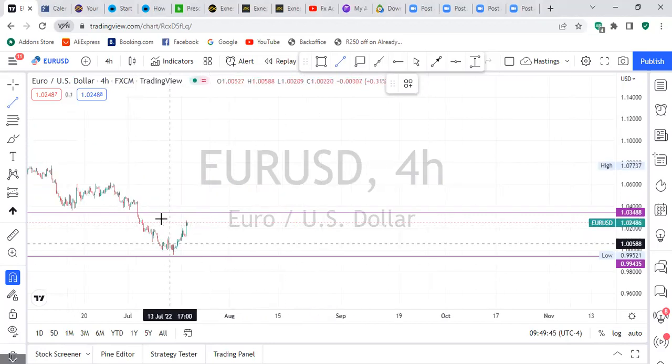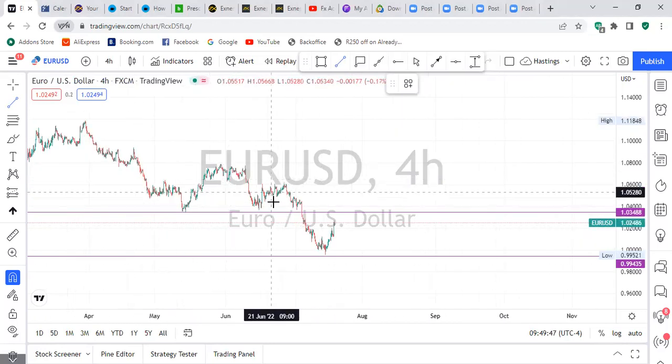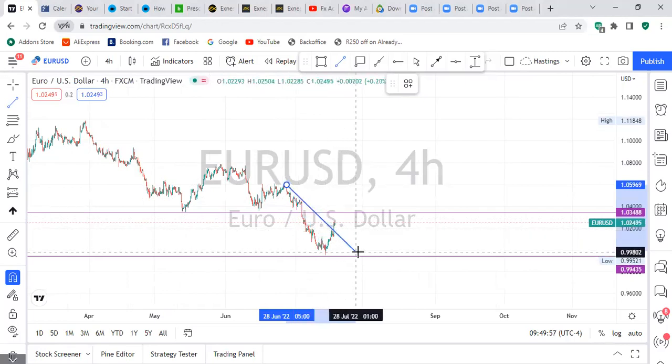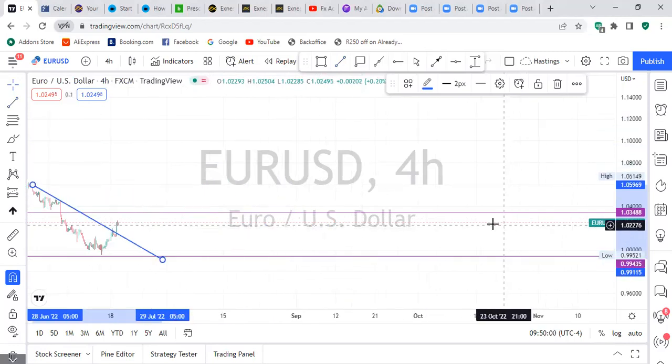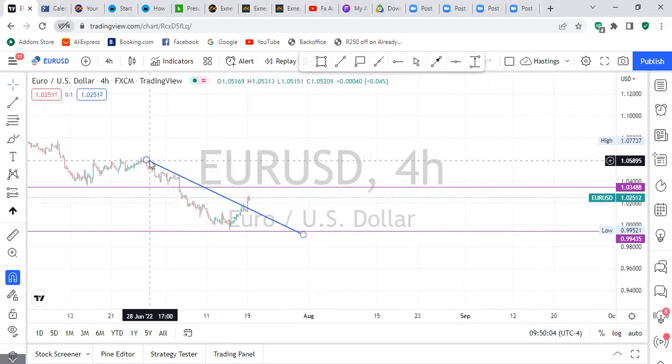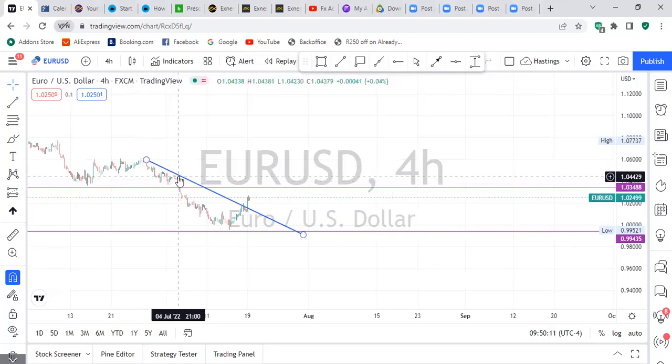So let's give an example here. We want to connect this point here, we're drawing our trend line, to here. You see, from this point the price came down, and it went back, it tested this trend line, meaning it was acting as a resistance.